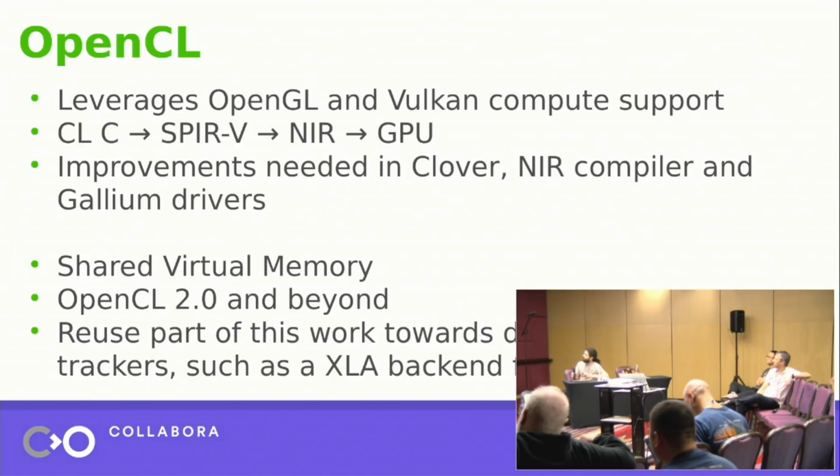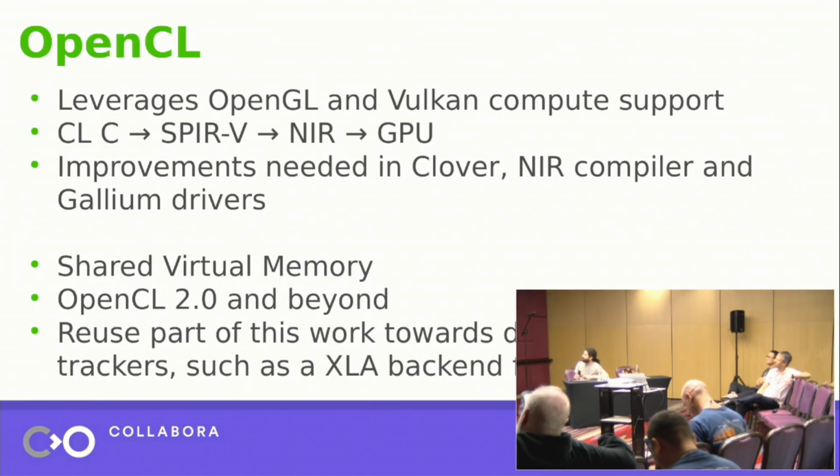Something in Clover to implement the first part of the translation, then in NIR we have to extend it so you can accept everything which OpenCL has, and then the Gallium drivers have to improve their compilers when they translate NIR to whatever the GPU uses to extend it accordingly. That's happening already. There's patches in several branches. Two series which prepare for that have been merged already, and other work is in review.